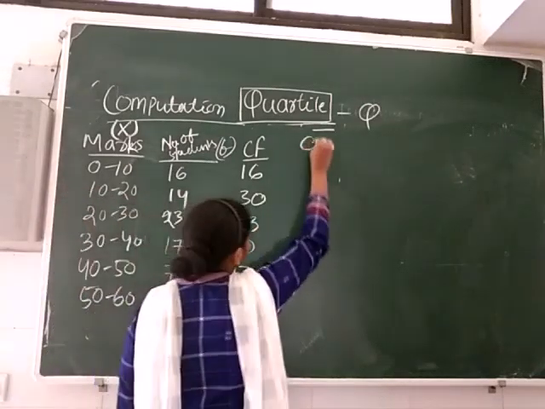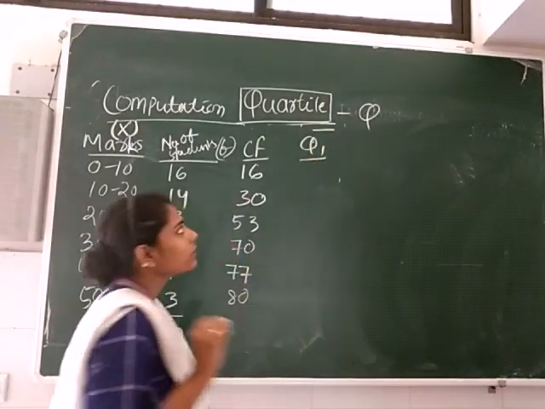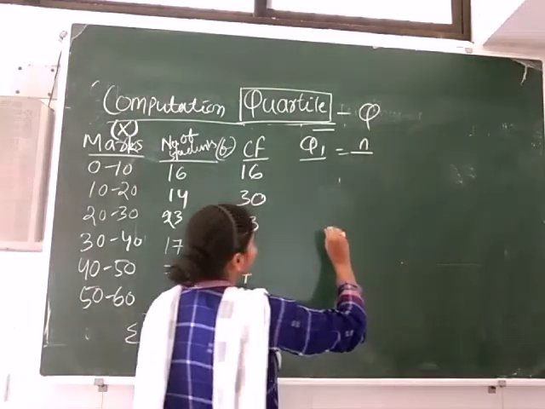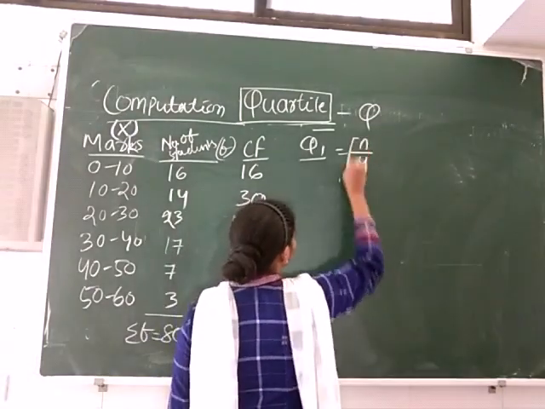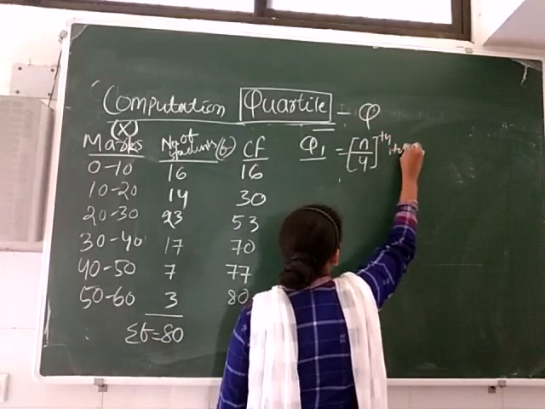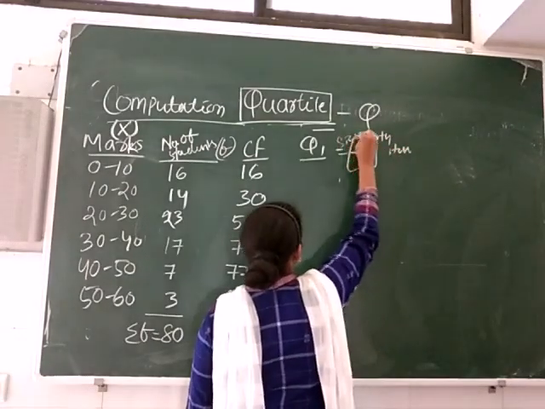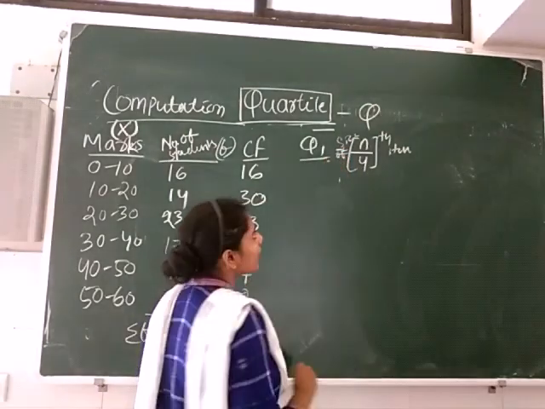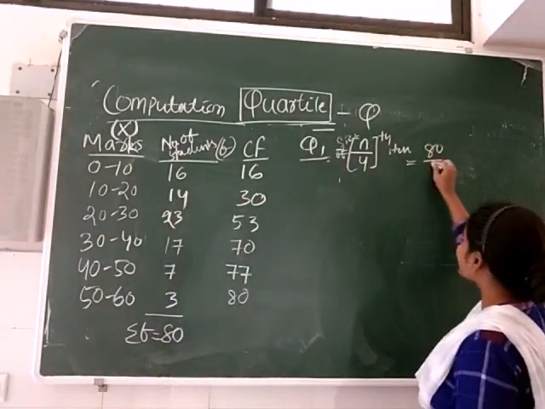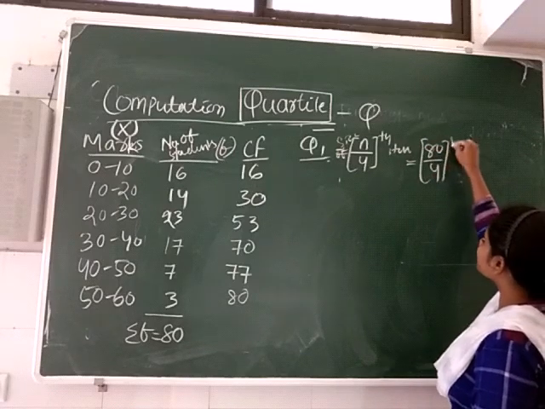First we calculate Q1. For calculating Q1, first to know the quartile class, for this purpose we put the formula, size of n by 4th item. So here n is 80 by 4th item.